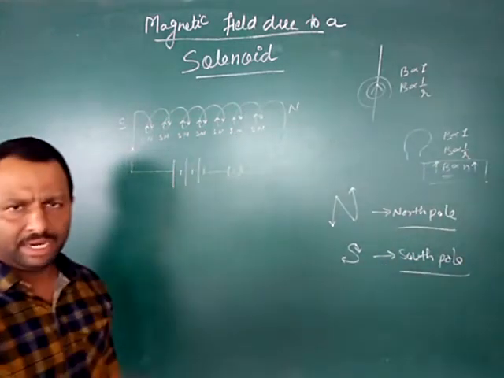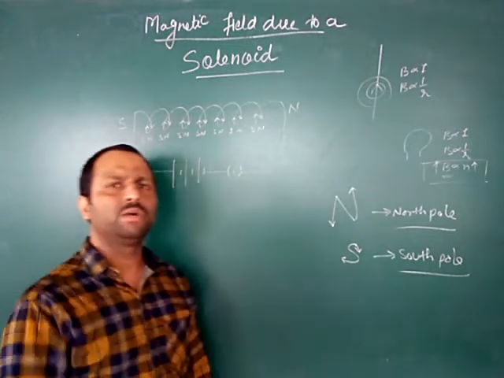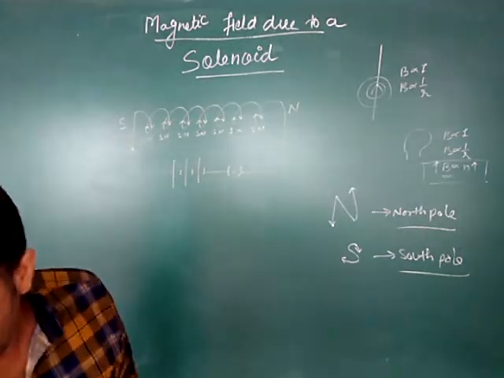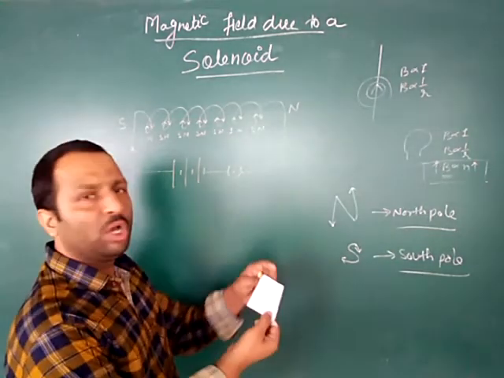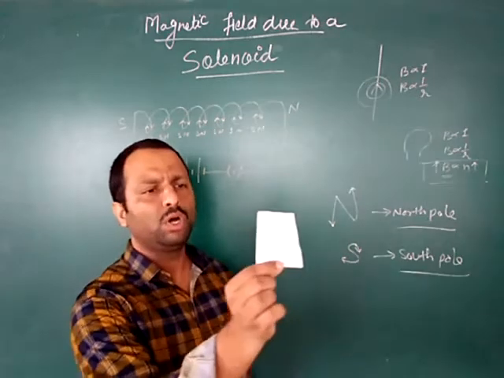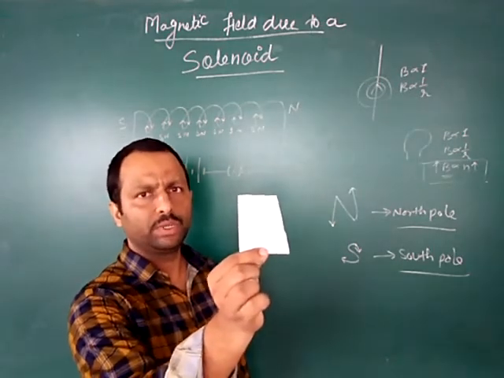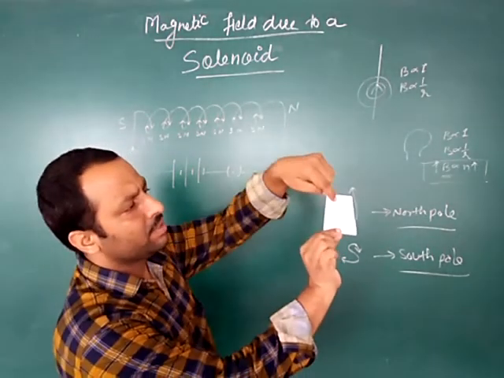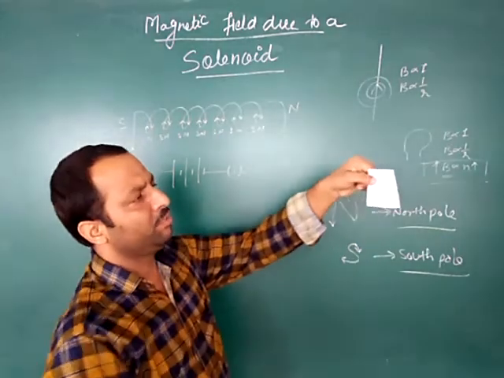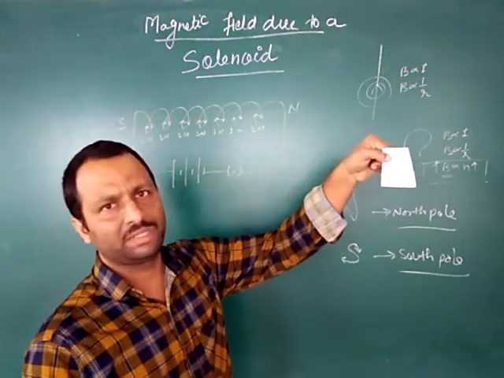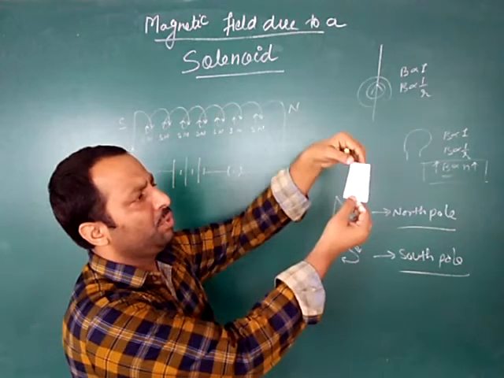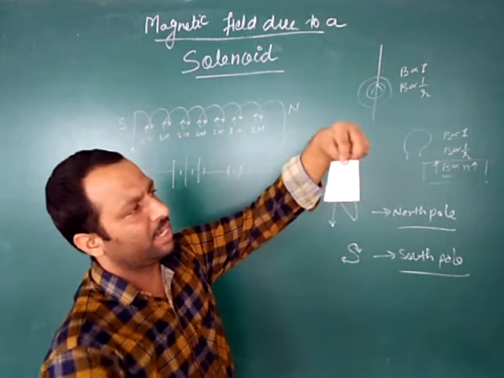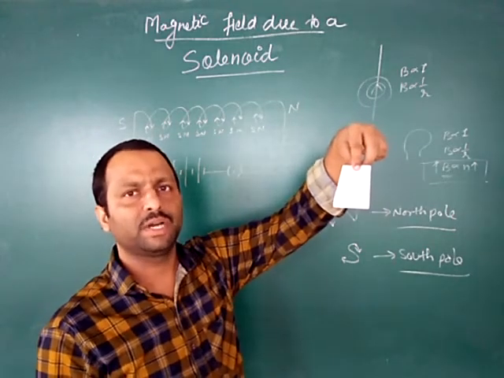Even in the atom, the electrons circulating around the atom also behave like small magnets. So let us understand through this. Take a small piece of paper and draw N for north pole. See here, the direction of the current will represent the anti-clockwise direction. And if you reverse this paper, you will observe that the direction of the current has changed.